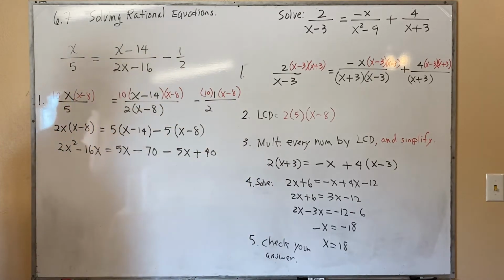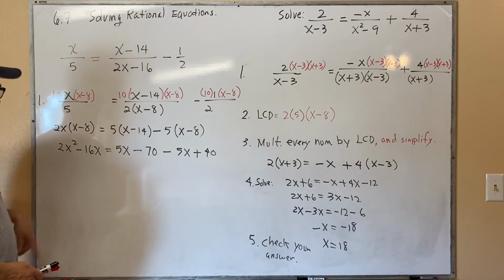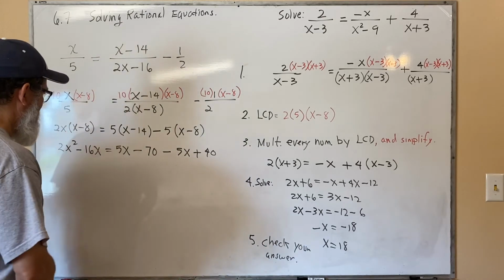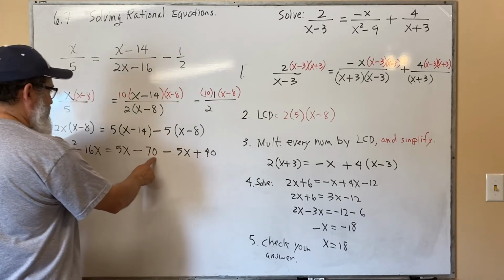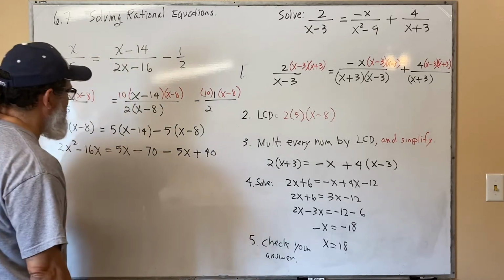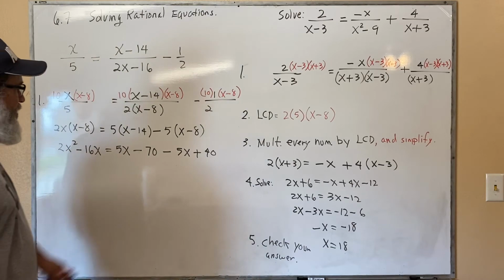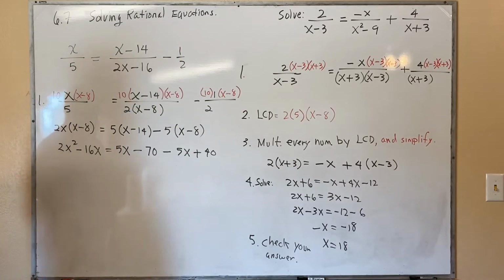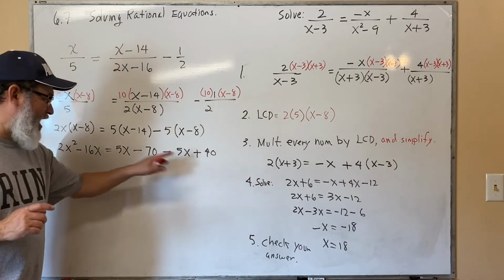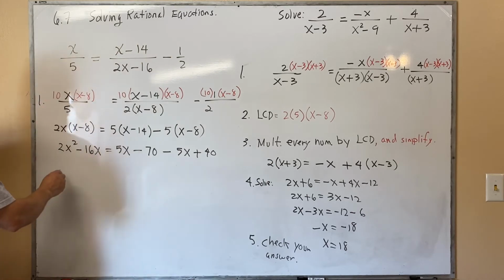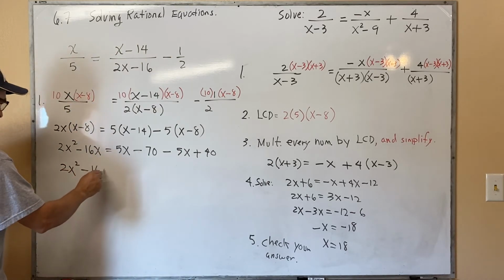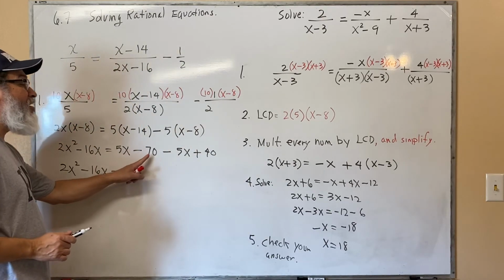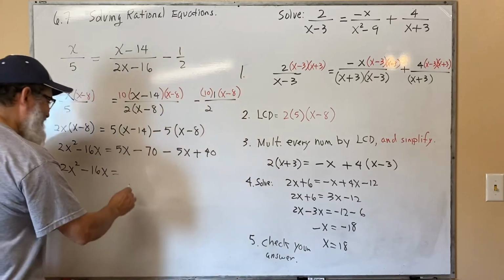This times that gives negative 16x. 5 times 4 is 20, plus 5 is 7, and negative 5 times x is negative 5x, and negative times negative is positive. This one cancels that one. Negative 70 plus 40 is negative 30.